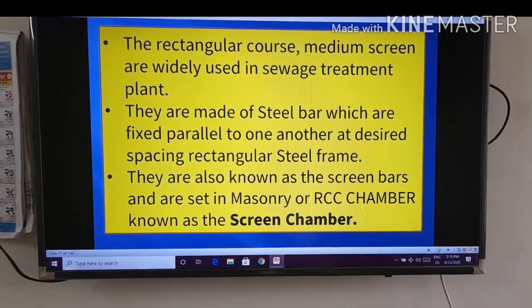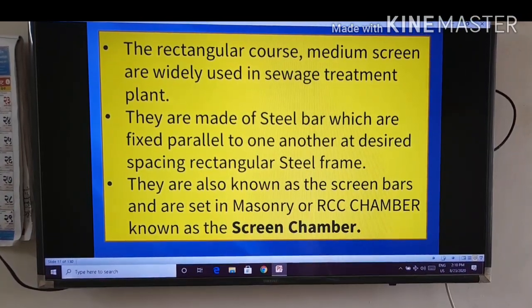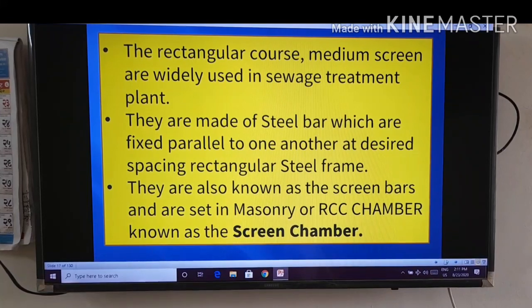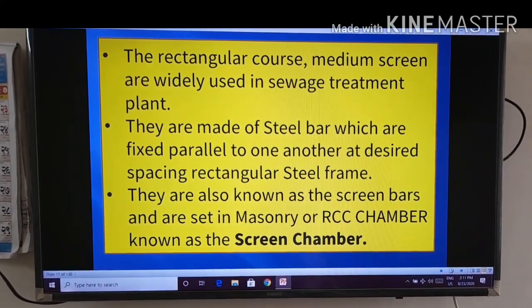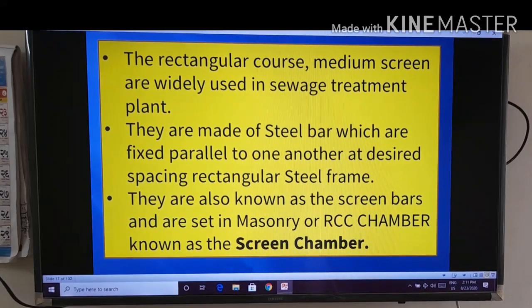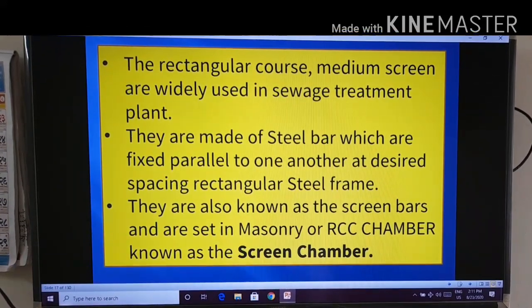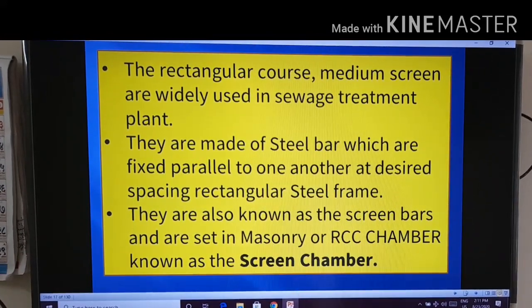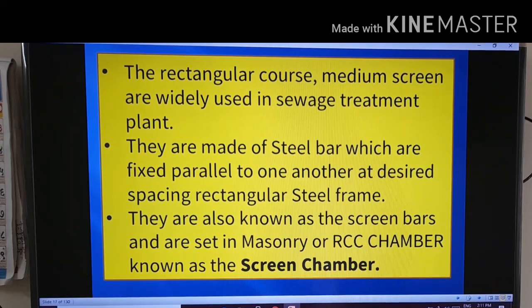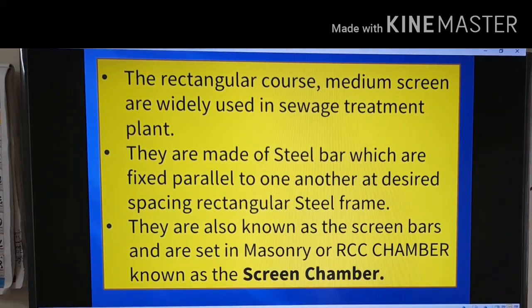They are made of steel bars fixed parallel to one another at desired spacing in a rectangular steel frame. They are also known as screen bars and are set in a masonry or RCC chamber known as the screen chamber, right?